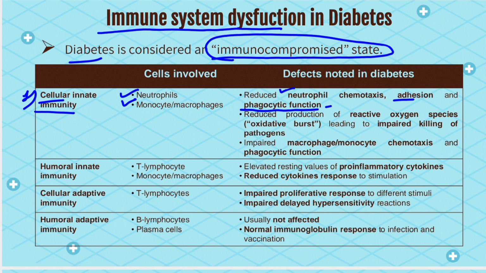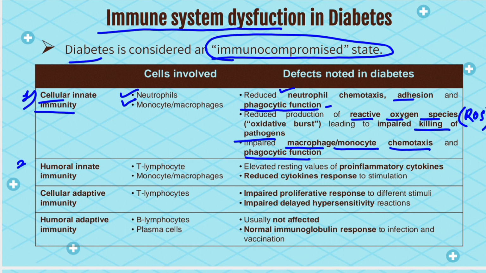Apart from that, there is also a defect in macrophage or monocyte induced chemotaxis and phagocytic function against any infectious agent. There is also reduced production of reactive oxygen species, also known as ROS. Due to this reduced production of ROS, there is impaired killing of the pathogens.